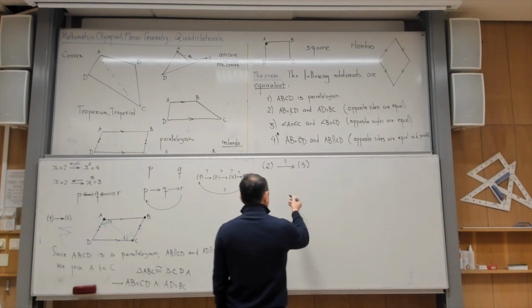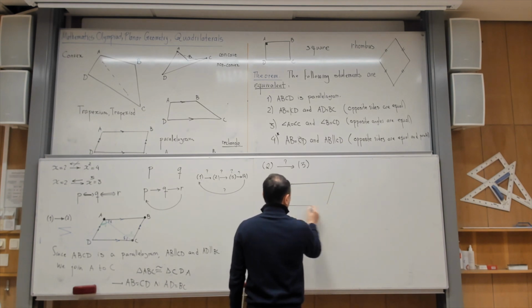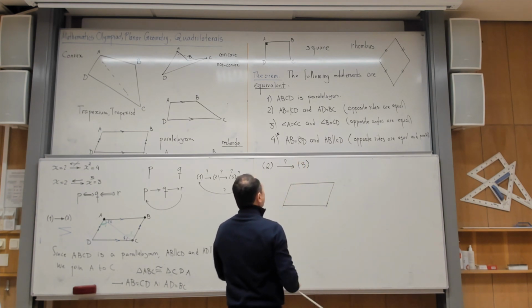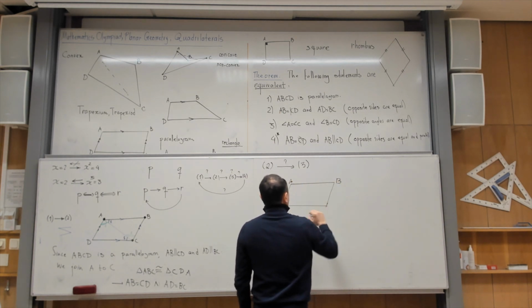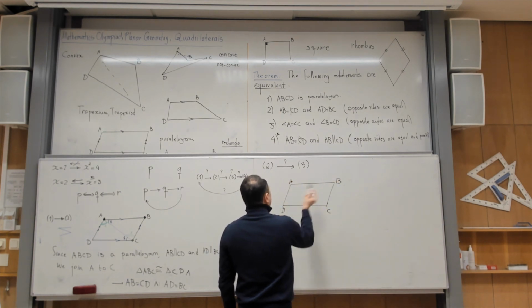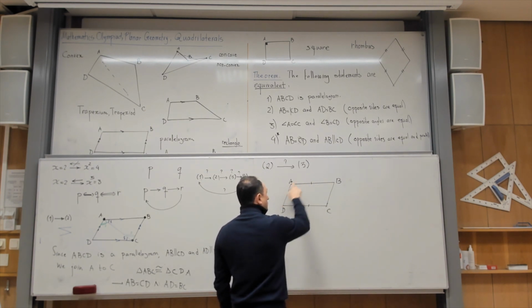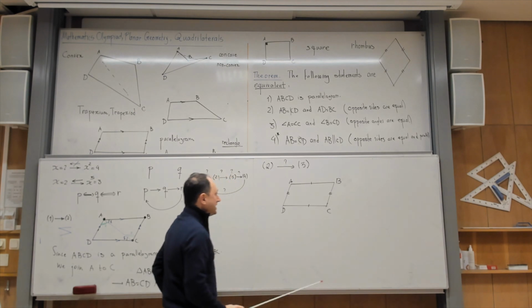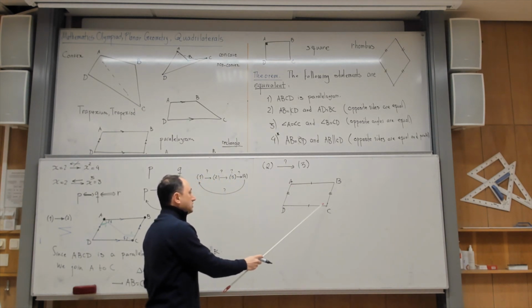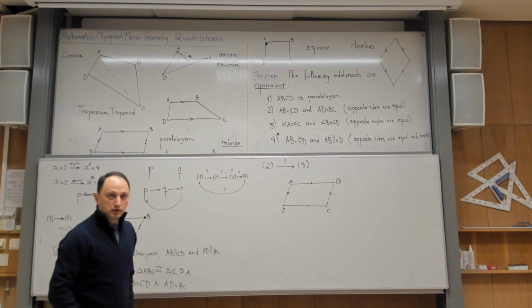So I will draw something similar to a parallelogram so that it is plausible to assume that AB is equal to CD. So what I know is that this side is equal to that side. Still, I don't know if this is a parallelogram or not. And I know that these two sides are equal. Based on this, I want to conclude that A is equal to C, and I want to conclude that D is equal to B. Okay, what do you say?